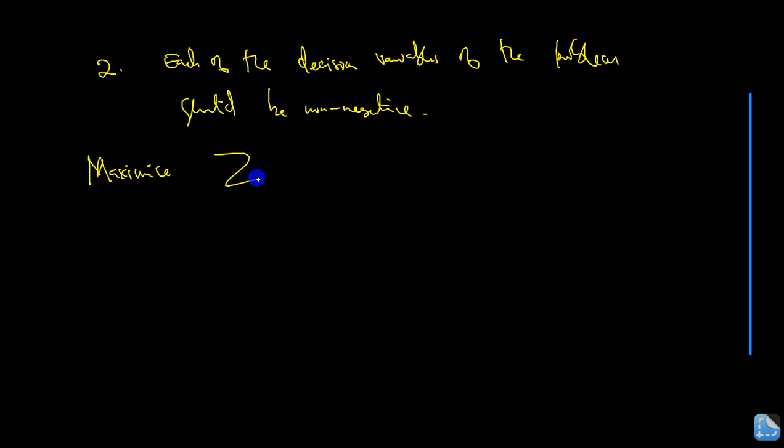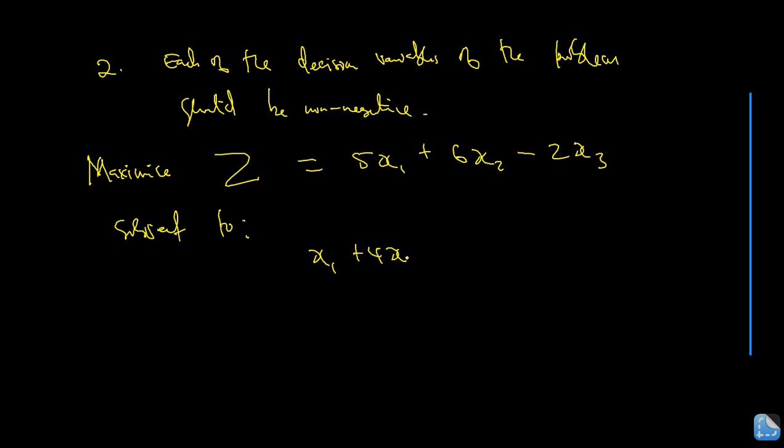Maximize z equals 5x1 plus 6x2 minus 2x3, subject to the constraints: x1 plus 4x2 plus 2x3 is less than or equal to 70.